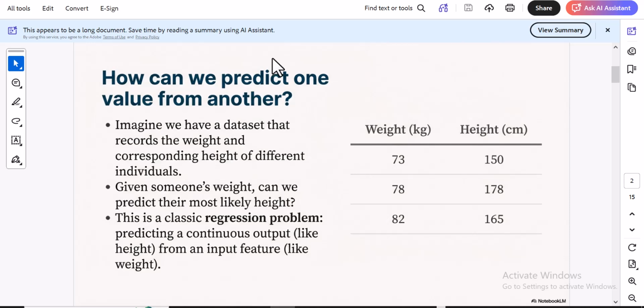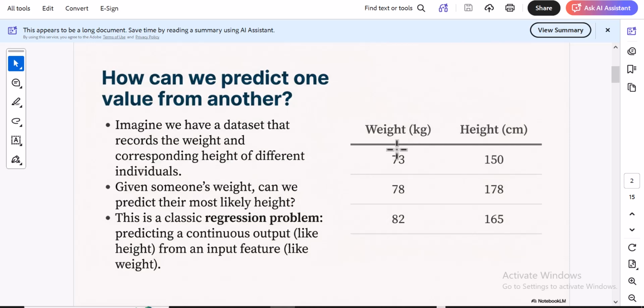As we have discussed, before we establish a relationship between two variables, we need to understand that there should be some logical connection. There should be some perspective that explains the relationship between two variables. So here in this case, we are taking two variables. The first one is the weight and the second is the height. So we are going to establish the causality between the weight and the height.